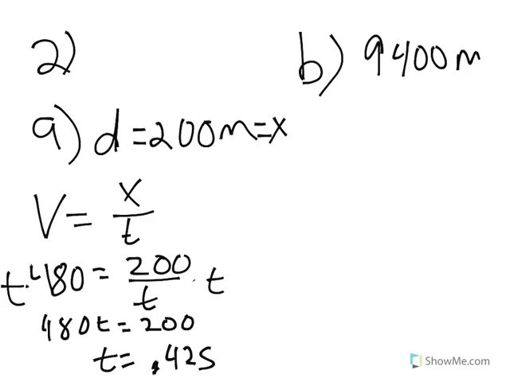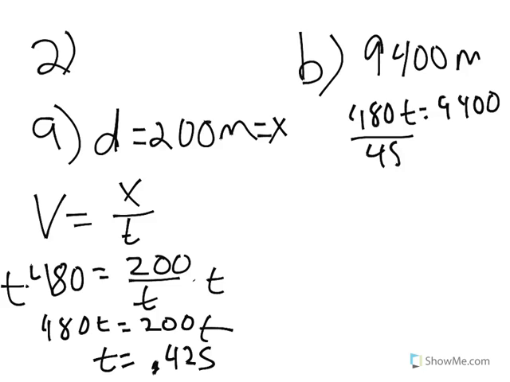On the second one, we're going to start from this point right here, because it's the same thing. We just changed the distance. So we're going to do 480 t equals 9,400, and then divide by 480, and we get t is equal to 19.6 seconds.